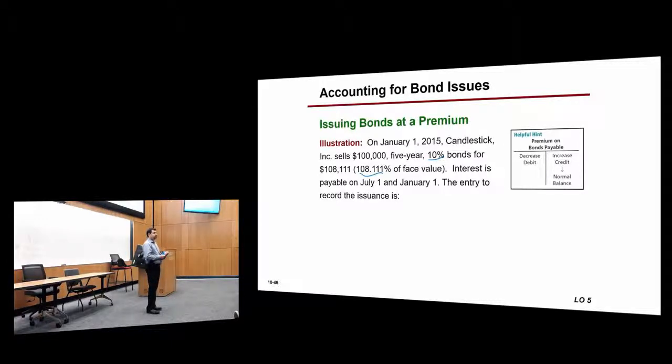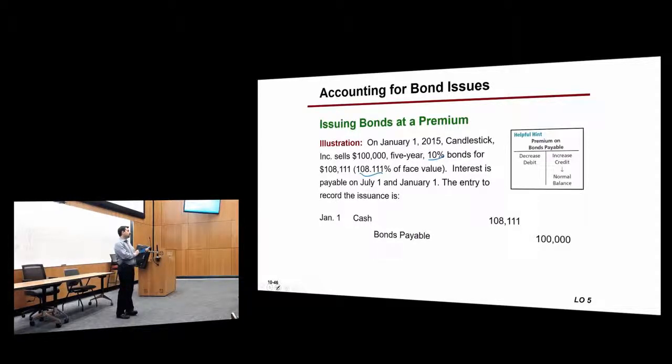What's the journal entry here? Cash is 108,111. So cash will be debited 108,111. Then what else do you credit?